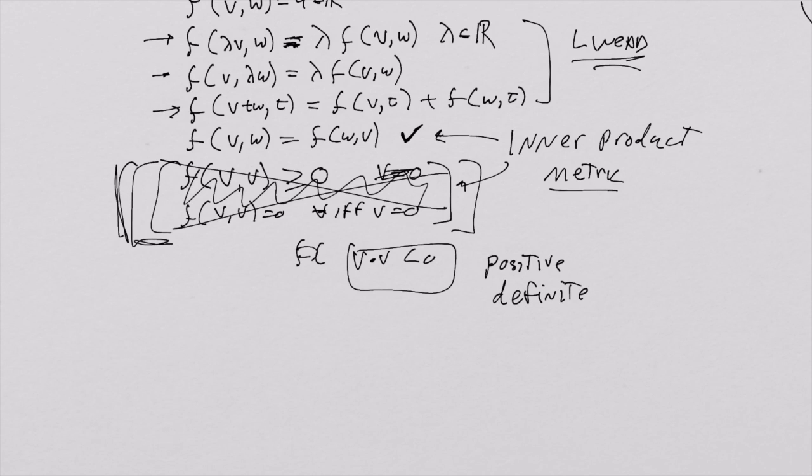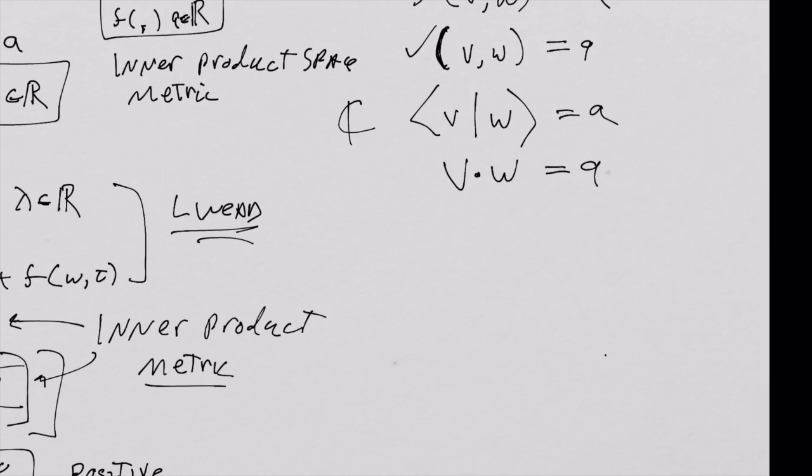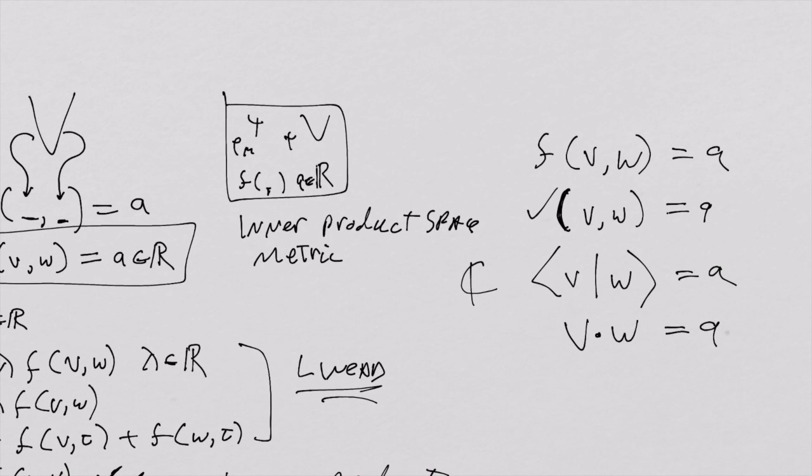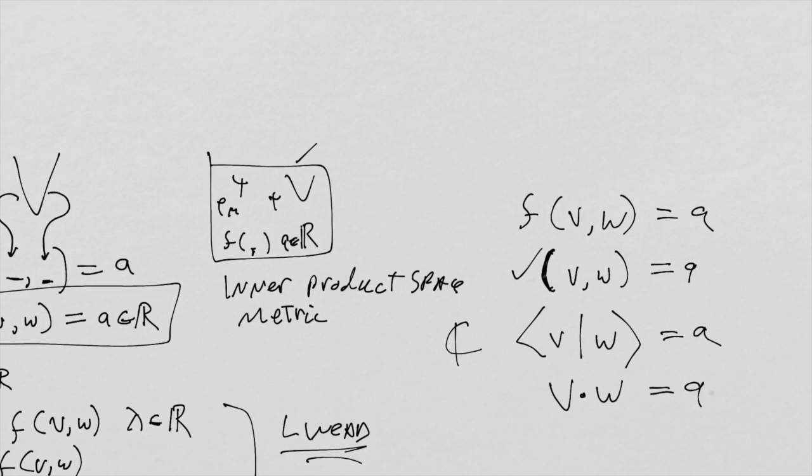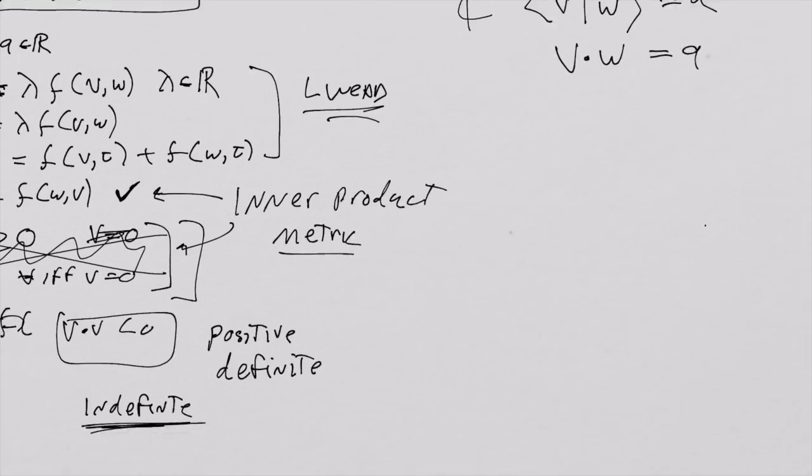And if it's not, it's indefinite. And if it is indefinite, then your metric space is called a, well, let's go the other way.